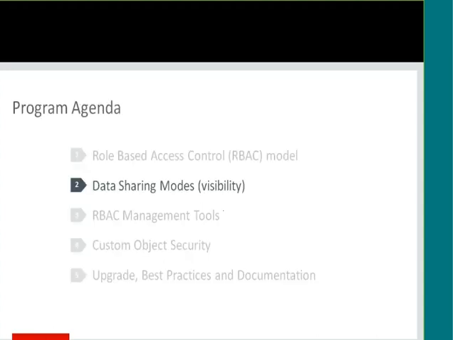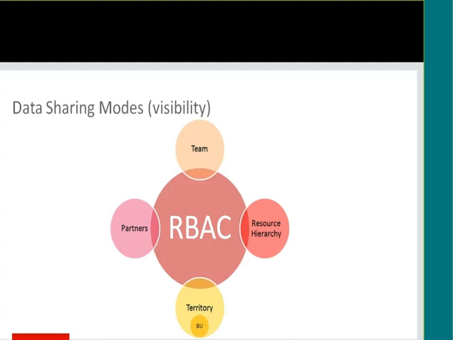So that's the RBAC model we talked about. We talked about enterprise roles, application roles, duty roles, permissions, security policies, right? So several components in the RBAC. Now, if we apply some of these, that's what we call data sharing modes.